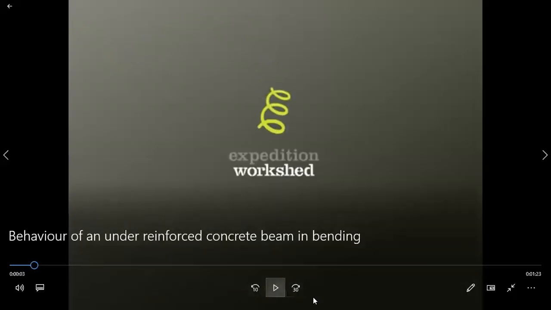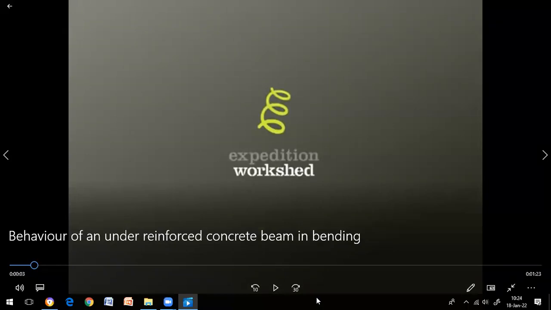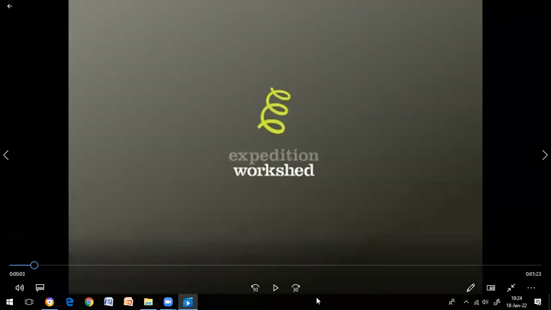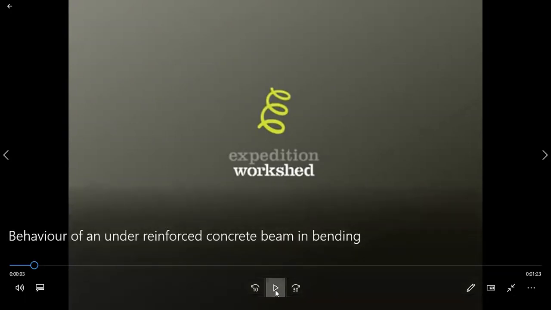What do we mean by an under-reinforced beam? It is the one in which the tension capacity of the reinforcement, the tensile reinforcement, is always smaller than the combined compression capacity of the concrete and the compression steel. That is why we always prefer the under-reinforced section.